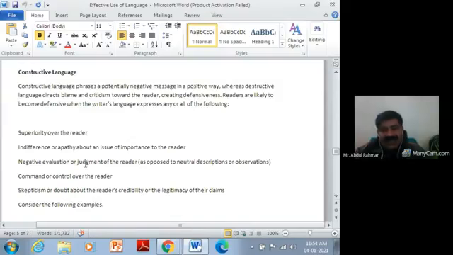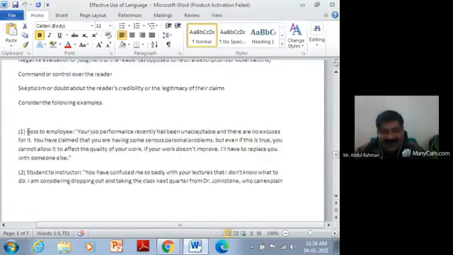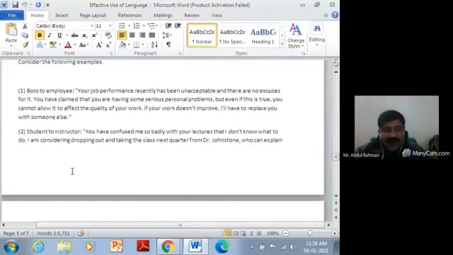And consider the following examples. Constructive versus destructive, right? From all these three examples, you can better get the idea. For example, boss to the employee: Your job performance recently has been unacceptable and there are no excuses for it.